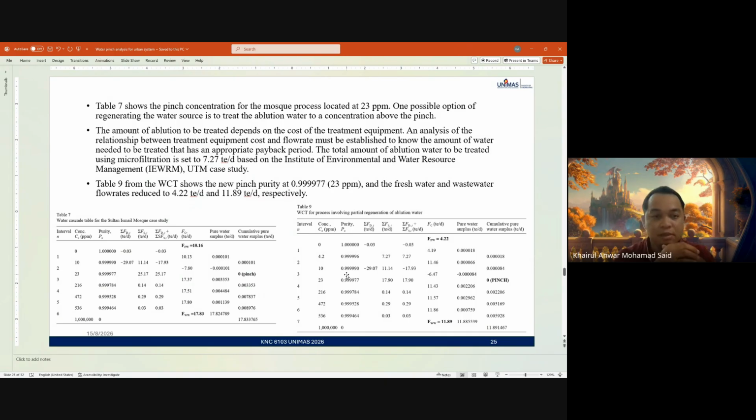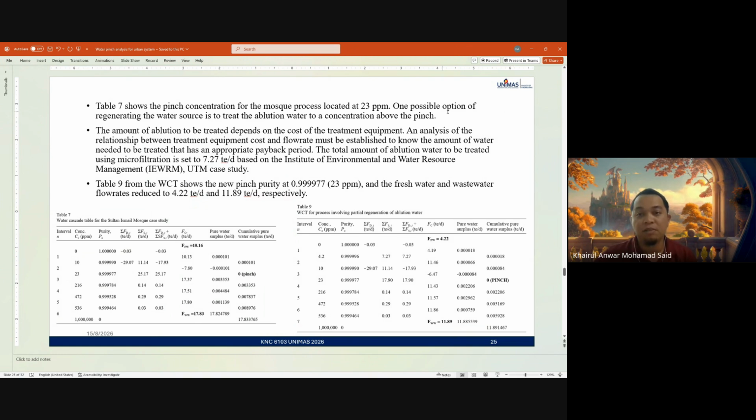So table 7 shows the pinch concentration, 23 ppm.